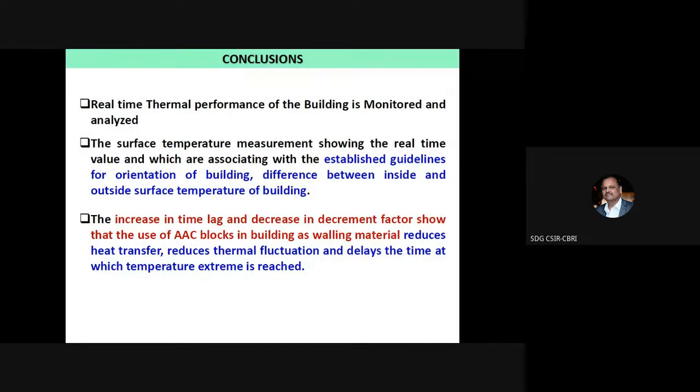At last, it is not a conclusion, but just a summary with respect to the real-time thermal performance monitoring of the building. Monitoring can be done, and the performance can be assessed, in line with the established guidelines.